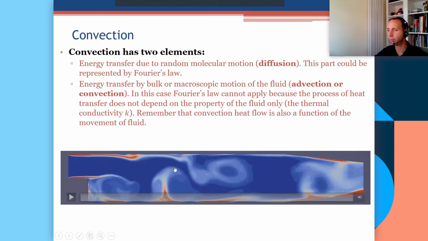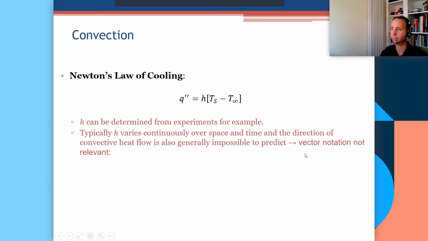So using a very simple formula like the conduction is not necessarily available. We don't have the luxury of something that simple. The reality is that convective heat transfer will change, but as an engineer, that's not very useful. So it's good to have a simplified formula. And that's Newton's law of cooling. We can still define heat flux, or if you wanted rate of heat transfer, you'd simply multiply all that by the area over which the heat is being transferred.